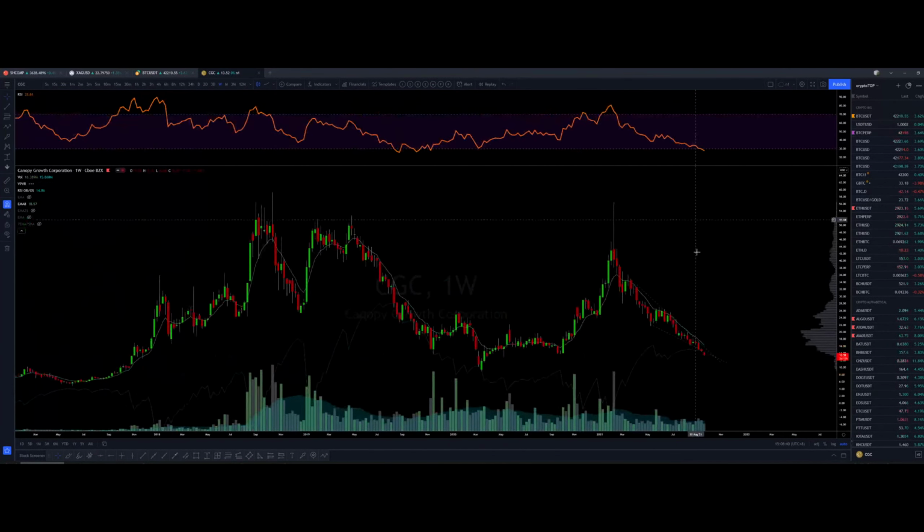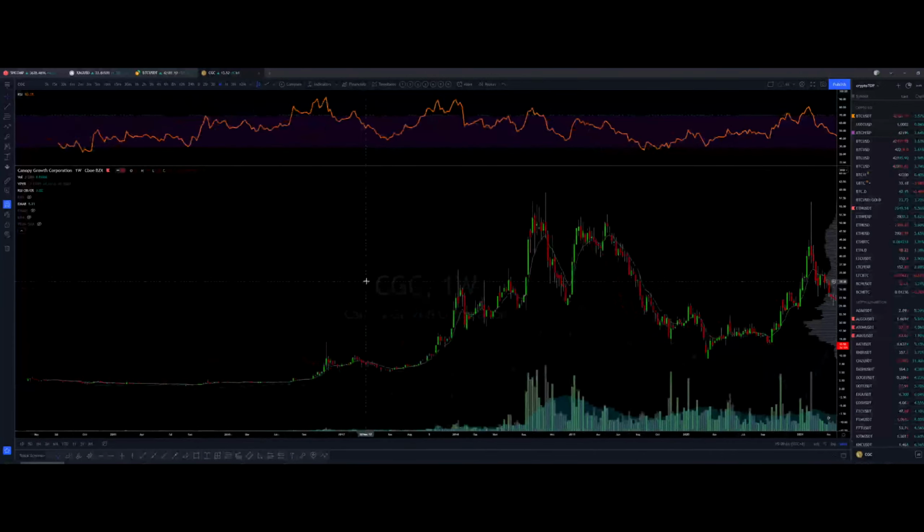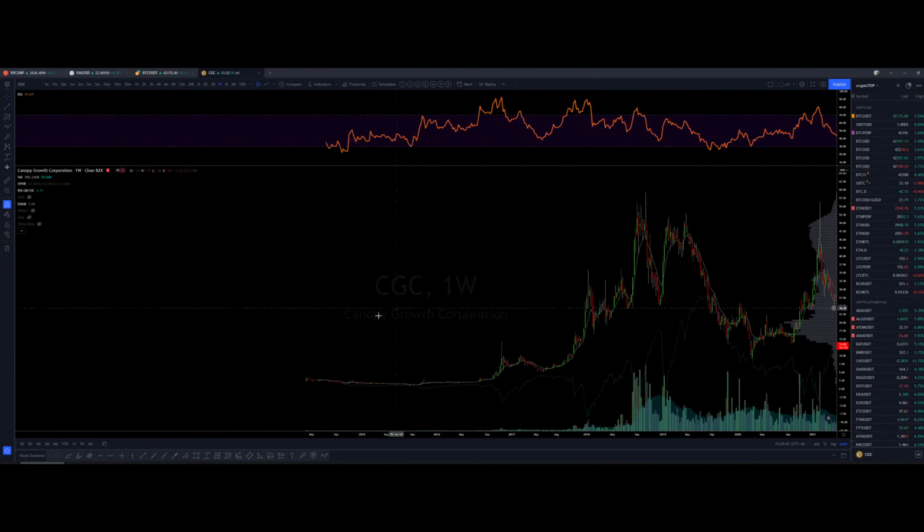Look at it, it's oversold on the weekly. How many times did it get oversold on the weekly? It can stay oversold a few times. Look, three times it was oversold before it started doing any bounce, and then it went to a lower low anyway. So it can happen here as well, but it hasn't been oversold many times on the weekly, right?